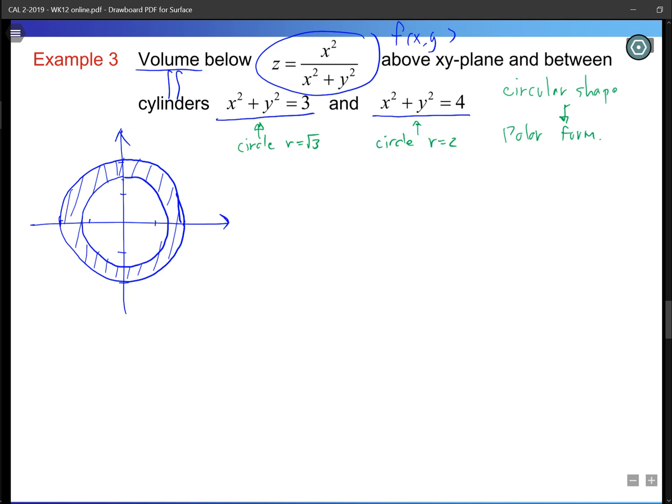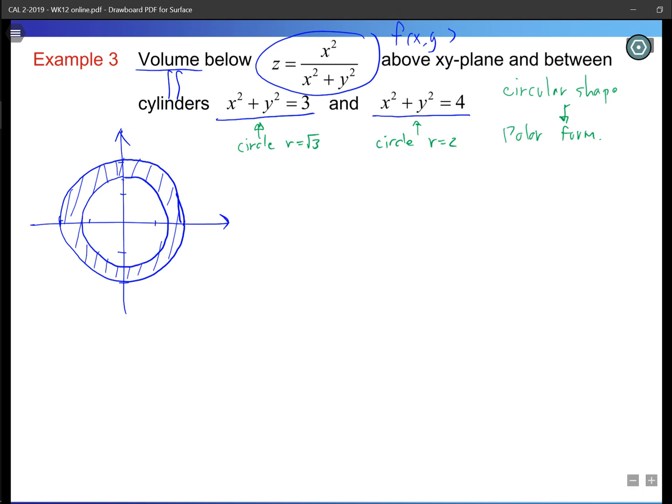Looking at this shape, you know right away if you use the Cartesian coordinate and sweep x and y, it's going to be a nightmare, right? You have to do this x and then y so many times. But if you switch to polar form, you can do this problem much easier and much quicker. So let's take a look here.